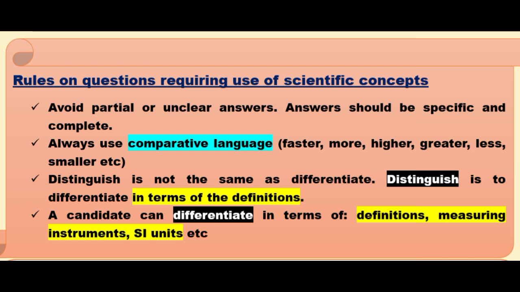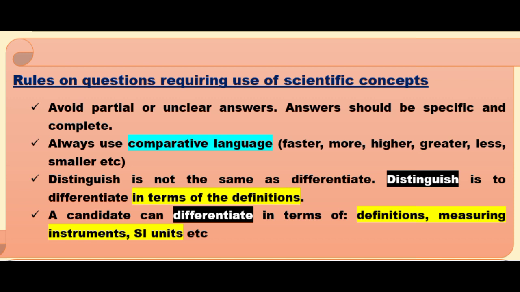Mass is the quantity of matter in a body, while weight is the quantity of pull of gravity acting on a body. So you realize that the keyword there is while.